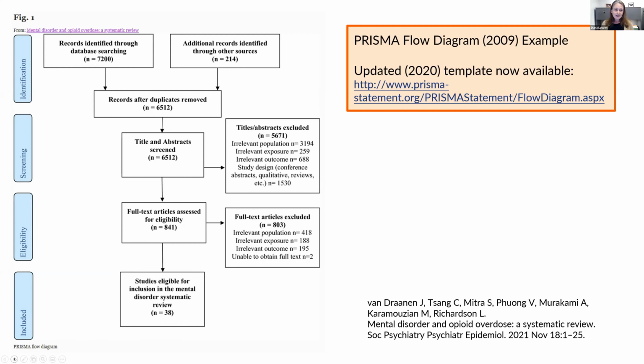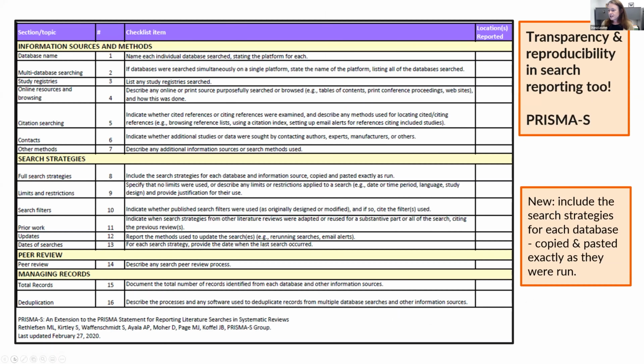And so you thought I was done with documentation, but there is another new reporting form. This one is not an update, it's a brand new one, and it's focused on search reporting. So this is considered an extension to the main PRISMA checklist and flow diagram. And the focus here is just transparency and reproducibility in the search method reporting.